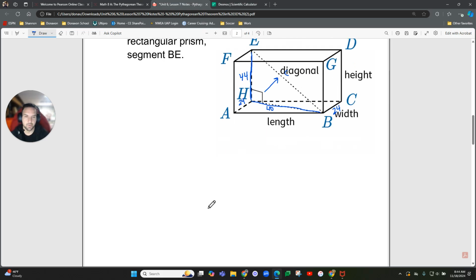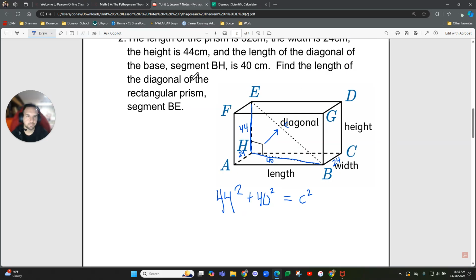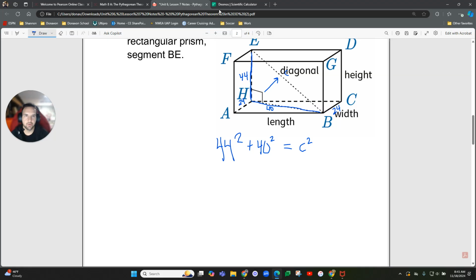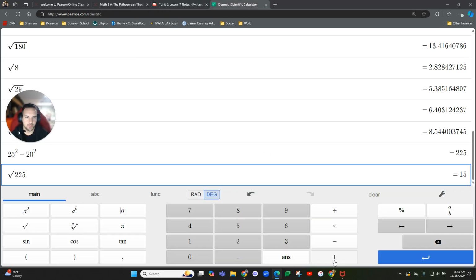Okay, so this one we'll use a squared plus b squared equals c squared. So a will be 44. Again, it doesn't matter which one's a, which one's b. B will be 40. And we're trying to figure out what the diagonal squared is, or what the diagonal is. All right, I don't know what that is, so we're going to just plug this into Desmos.